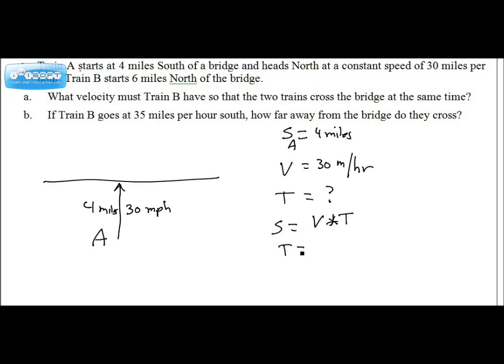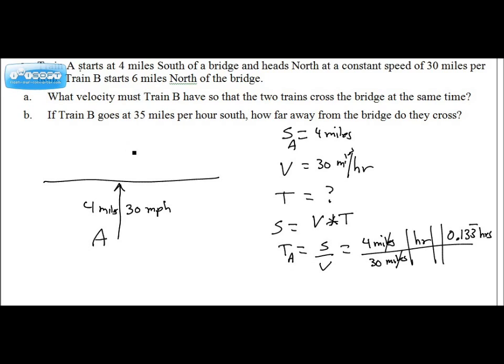Therefore, time equals S over V: 4 miles divided by 30 miles per hour. Miles to miles, that is going to leave me 0.133 repeating hours. So this is my time for A.